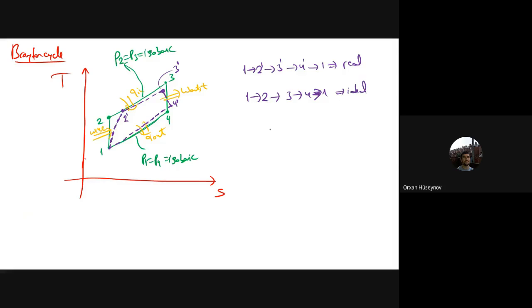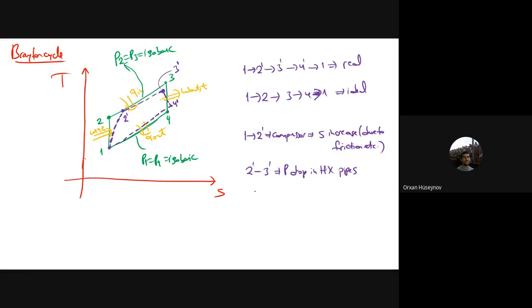Okay. What happens in reality? In reality, from 1 to 2, this one is the compressor. So you will have an entropy increase, okay, due to friction, etc. Okay, from 1 to 2 prime, the compressor, this one is the real. From 2 prime to 3 prime, you will have a pressure drop in the heat exchanger pipes.